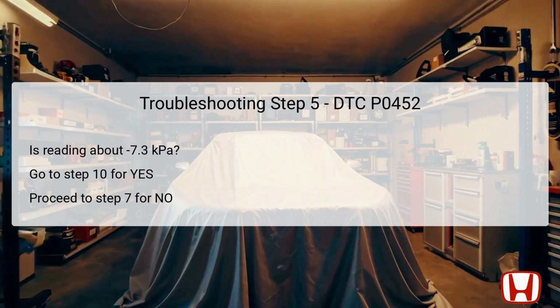This implies that the sensor is providing a misleadingly low signal that might suggest a fault in the FTP sensor or its connections, meaning you will address this in the subsequent step. Conversely, if the readings are higher or inconsistent, head back to step 7 to investigate further. This distinction in readings will guide which particular avenues of troubleshooting are necessary to accurately target the issue at hand.